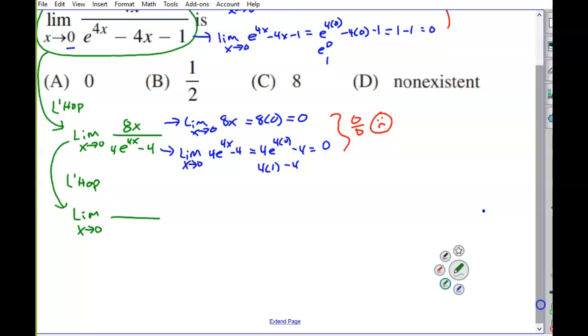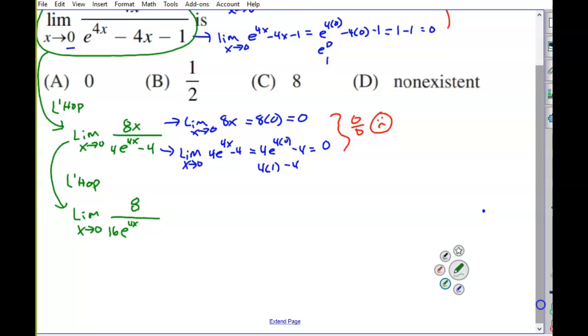The derivative of the top is 8. That will not turn into 0. So I know for sure I'll be able to make a conclusion after this step. But then I have another chain rule. So the derivative of e to the 4x is e to the 4x times another 4. So that's going to give me a 16. And then the derivative of the minus 4 goes away.